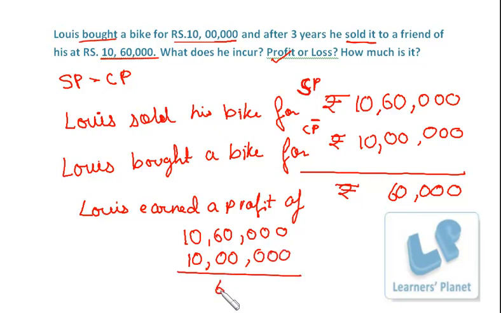Then we'll get 60,000, which is the profit. Then you'll write down the statement that Louis earned a profit of 60,000. And if the symbol of the monetary unit is given, maybe rupees, Rs, or US dollars or British pound, whatever, then you should always write down the symbol. Alright, so we'll take a few more word problems.